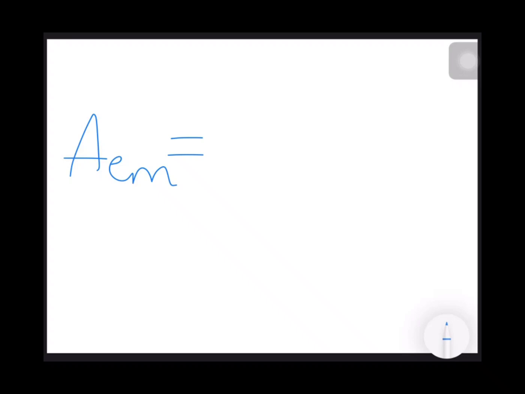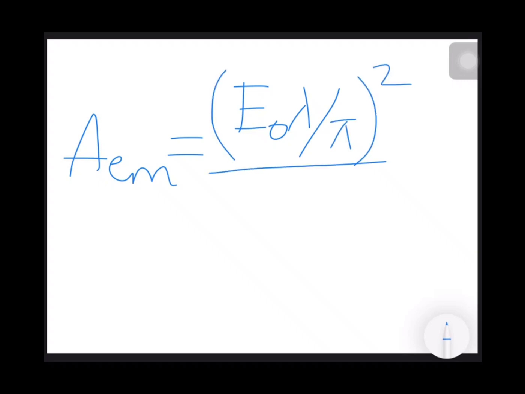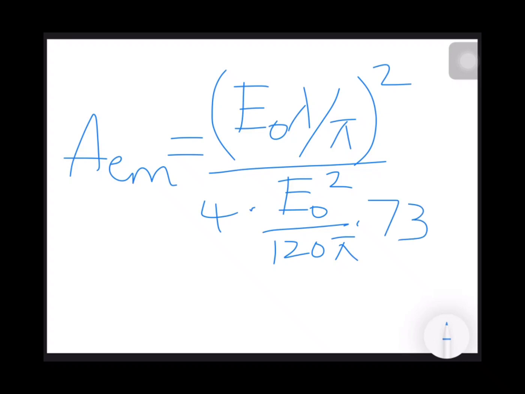So, it will be AEM is equal to E naught into lambda divided by pi whole square divided by 4 into E naught square divided by 120 pi into 73. So the E naught square and E naught square will get cancelled. Pi and pi will get cancelled.